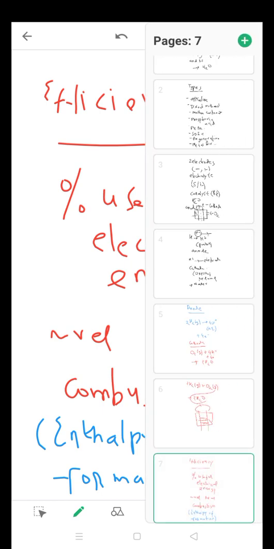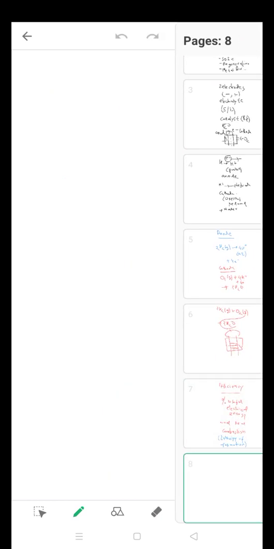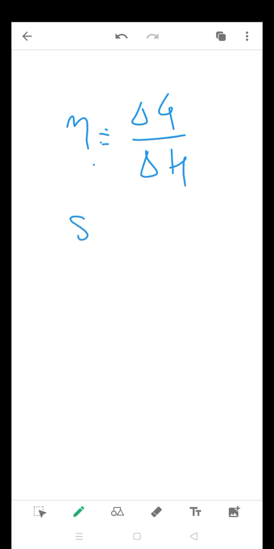And mathematically it is given as delta G divided by delta H, which is the efficiency of the fuel cell. Now, the highest possible efficiency that can be obtained in a fuel cell is 83%.